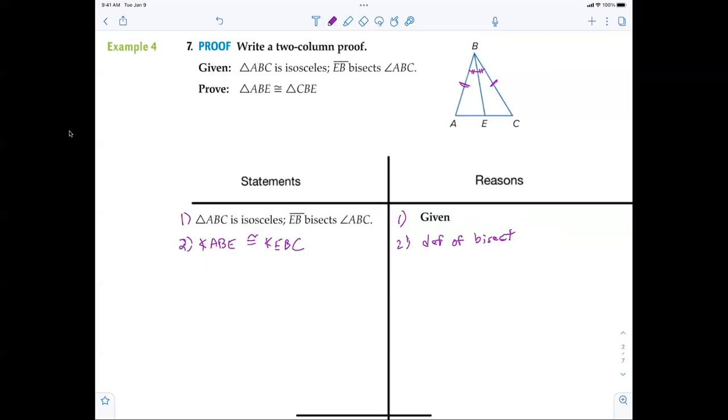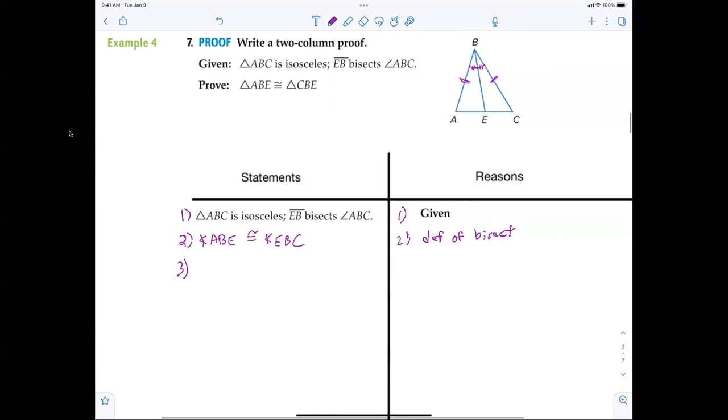So now we have the angle marked. Now why was I able to mark AB congruent to BC? How do we know that was true? Tanner. Because it bisects it. No, nothing to do with bisect. Why is AB congruent to BC? Definition of isosceles.